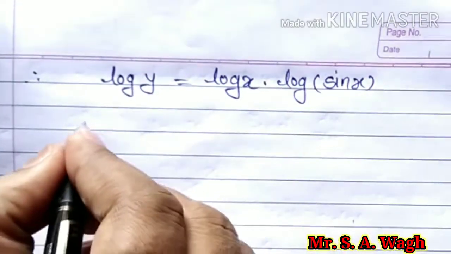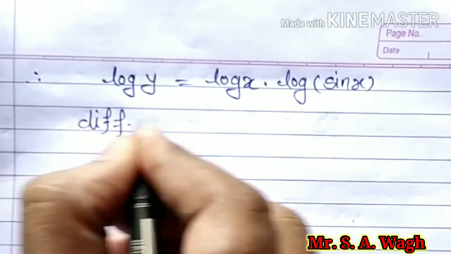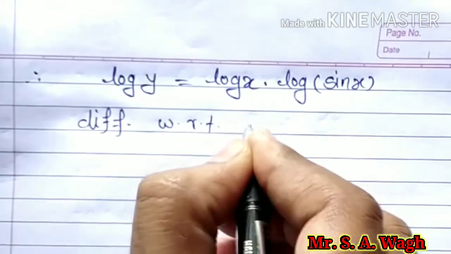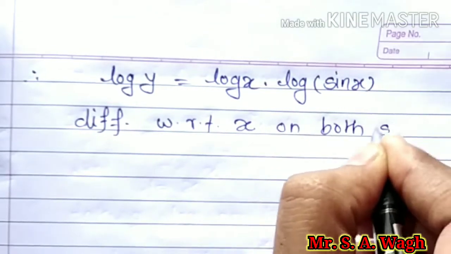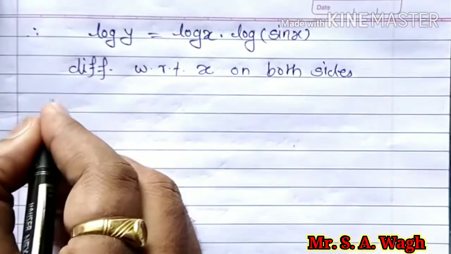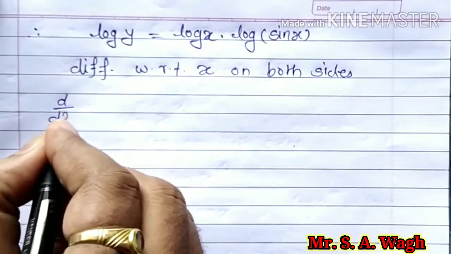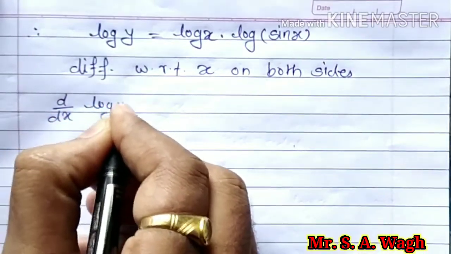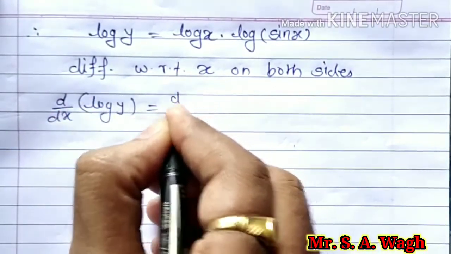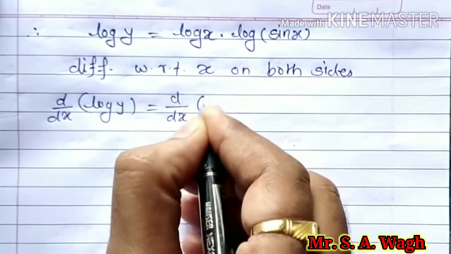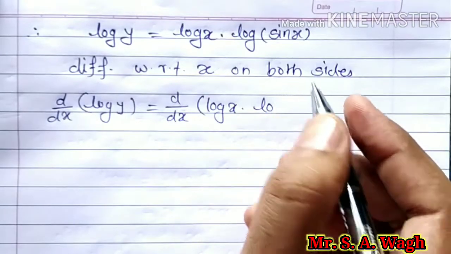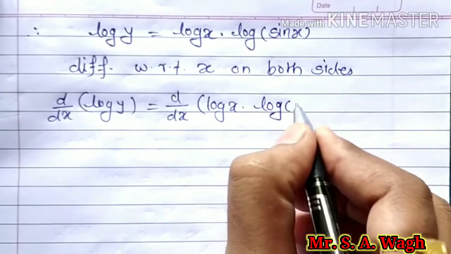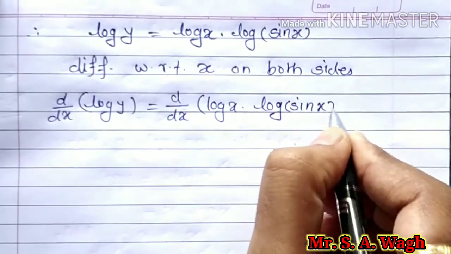Now differentiate this with respect to x on both sides. So this is d by dx of log of y equal to d by dx of log of x into log of sin of x.